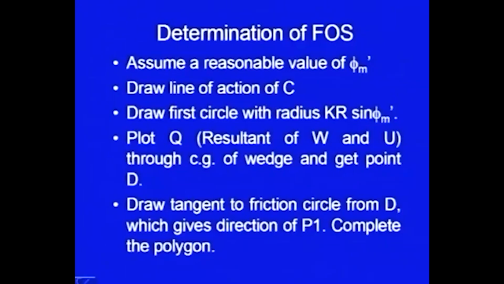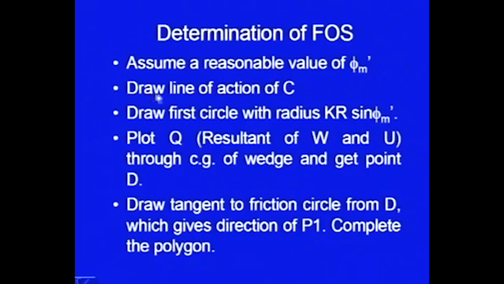Now, after discussing the basic concepts, let us go to the determination of the factor of safety. What we do is take a trial circle and assume a reasonable value of phi m dash. This is the first value which we assume for the mobilized friction angle.